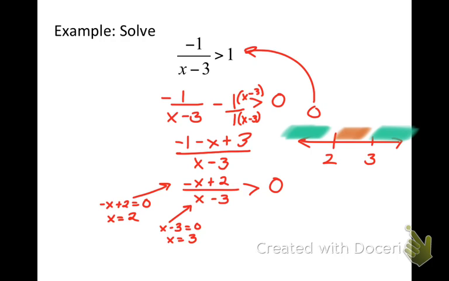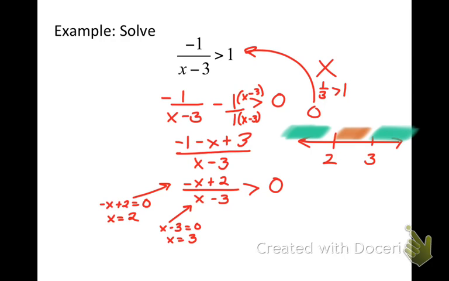Making x 0, we get -1 over -3, which is 1/3. Is 1/3 greater than 1? No. So I'm going to put an x there. That means this is not the interval, which probably means this one also is not the interval.